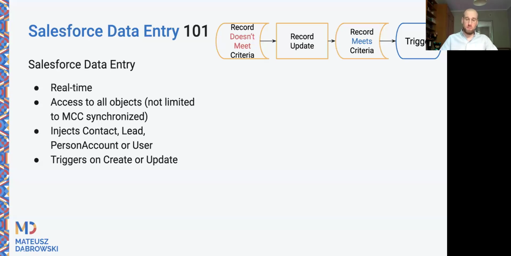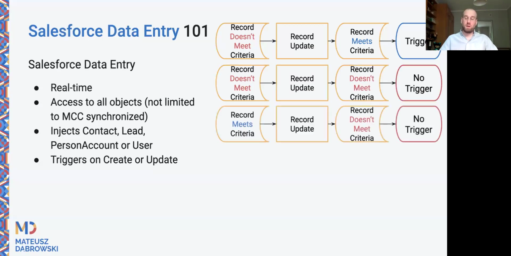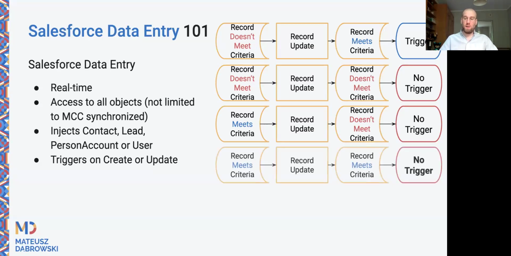If the status was different before, and it is updated to Closed 1, it will be triggering. If the record doesn't meet criteria after the update, of course, it will not be triggered. If the record met the criteria before, but doesn't meet criteria after, it will be, of course, no trigger. But the thing that is tripping a lot of people is that if the record met criteria before and after the update, it still meets criteria, there will also be no trigger.